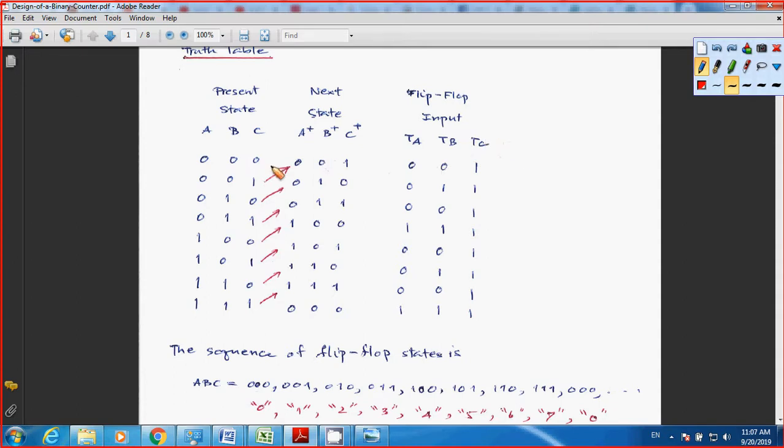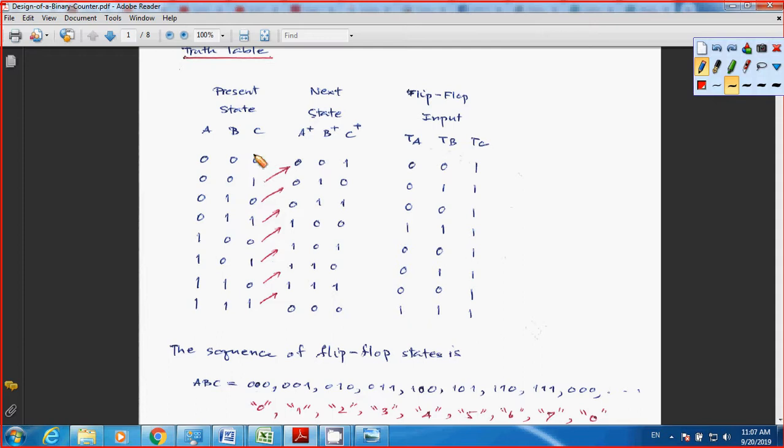Take a look at the C input. It always changes state from 0 to 1, 1 to 0, 0 to 1. They all change. So that means your TC has to be 1, 1, and 1 all the way down here.